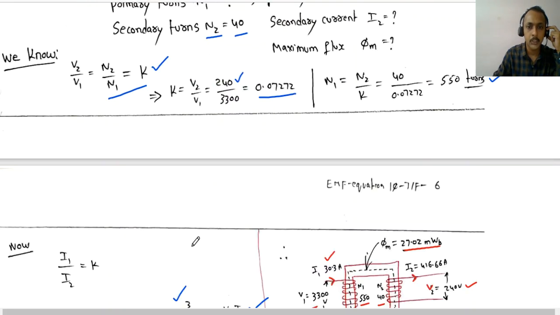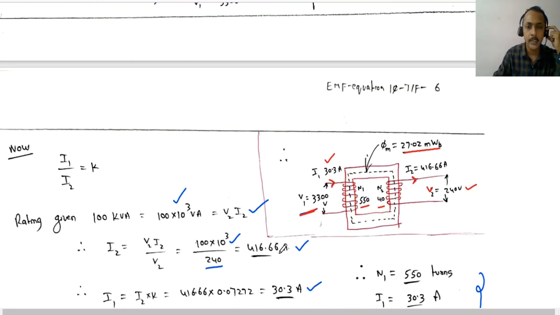Do some substitutions. Don't directly show the answer. Even though you have done the calculation on the rough side or back side of your booklet, please show the substitutions in your booklet. It gives some impression to the paper evaluator, right?